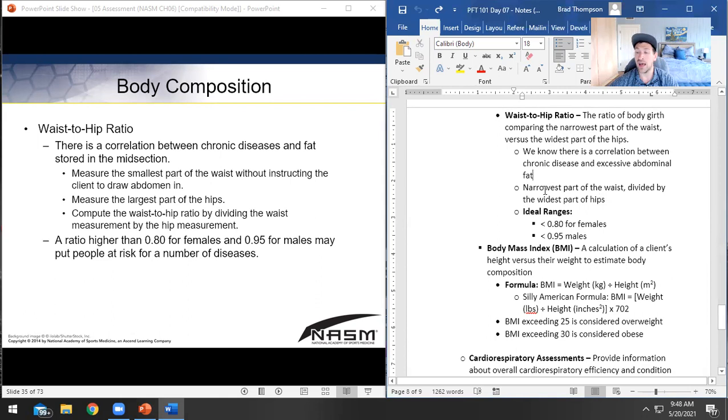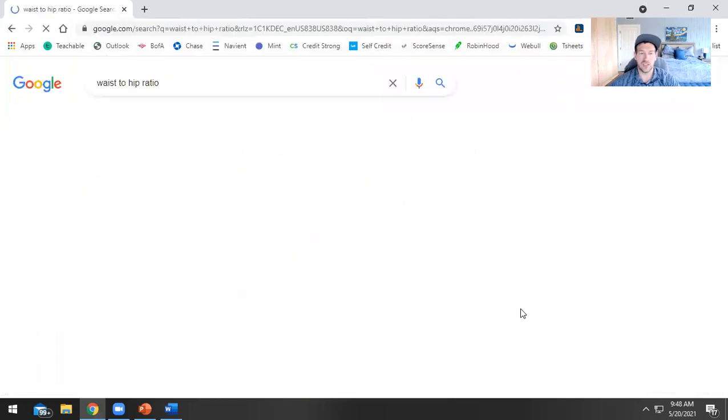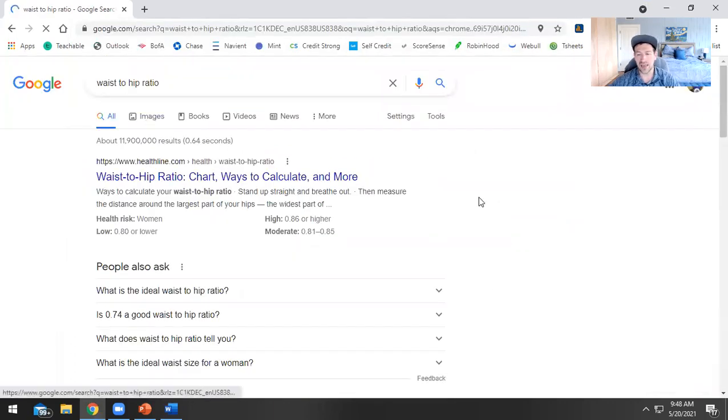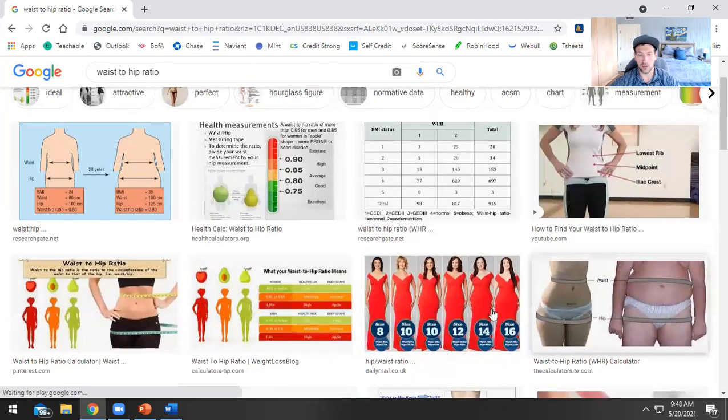So when we do that narrowest part of your waist divided by the widest part of your hips measurement, this gives us our waist to hip ratio. Ideally, those ranges should be anywhere below 0.8 for our female clients or anywhere below 0.95 for our male clients. So if you are measuring your waist to hip ratio and taking a look at that, this can indicate where your abdominal obesity is, right?